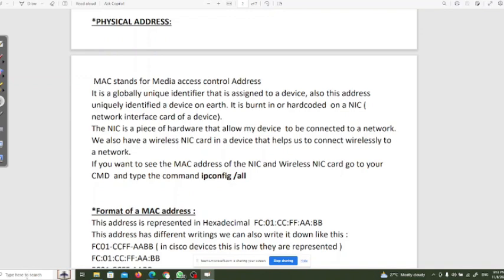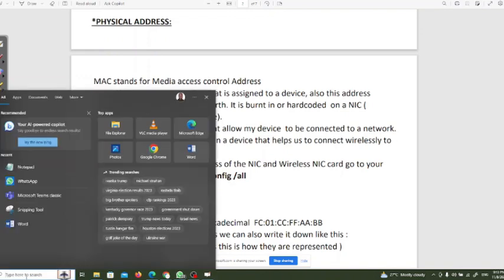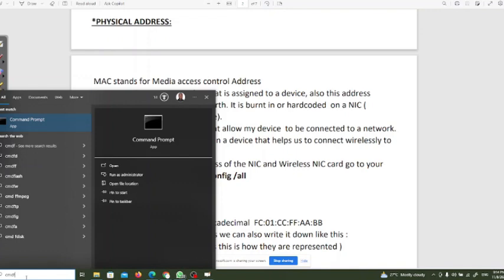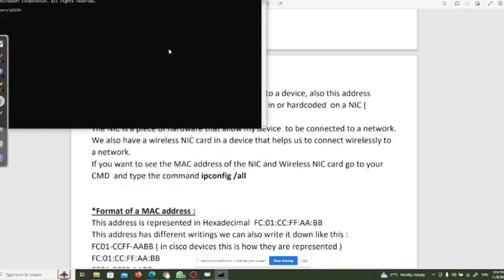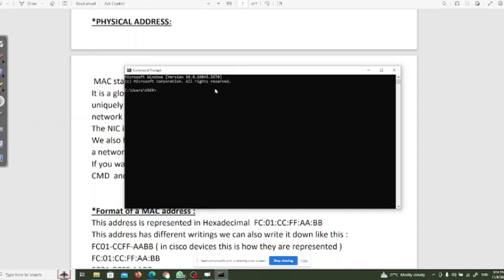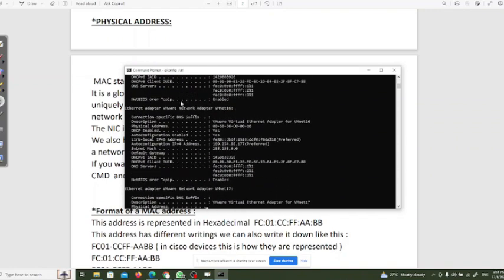You go to the search bar here and type CMD, which stands for command prompt. You press enter, and you'll be redirected to your command prompt. Then you input the command ipconfig /all, and you press enter.